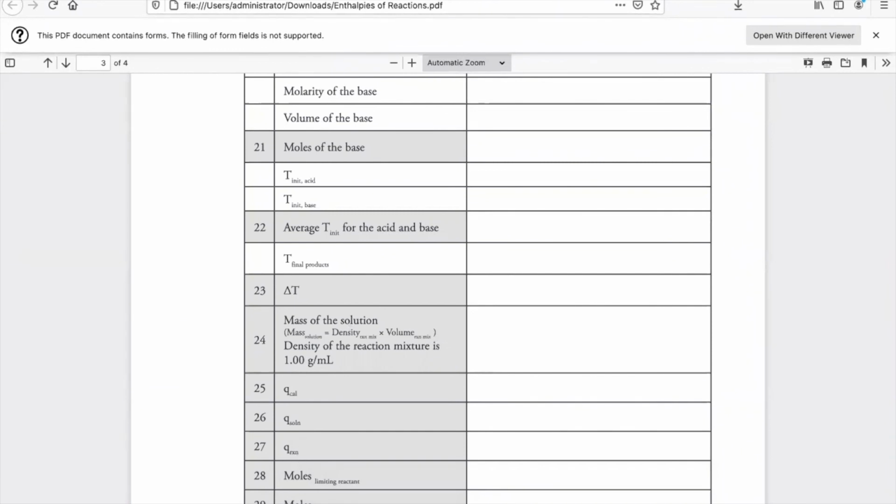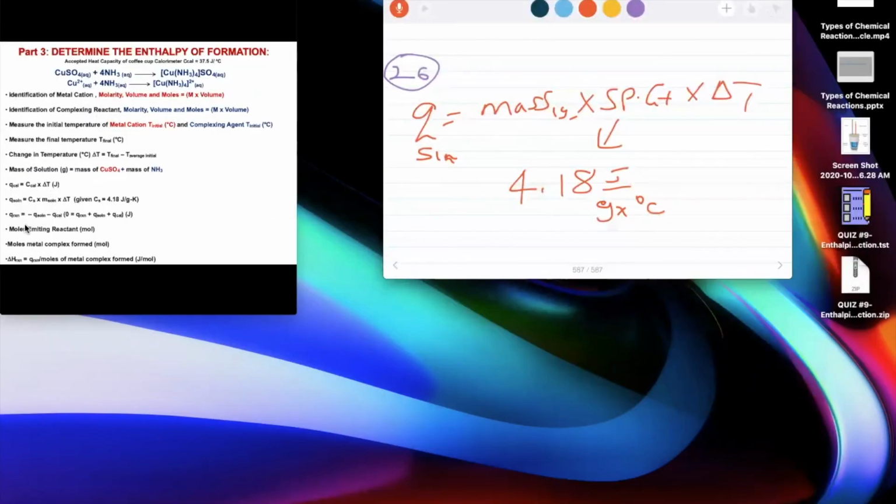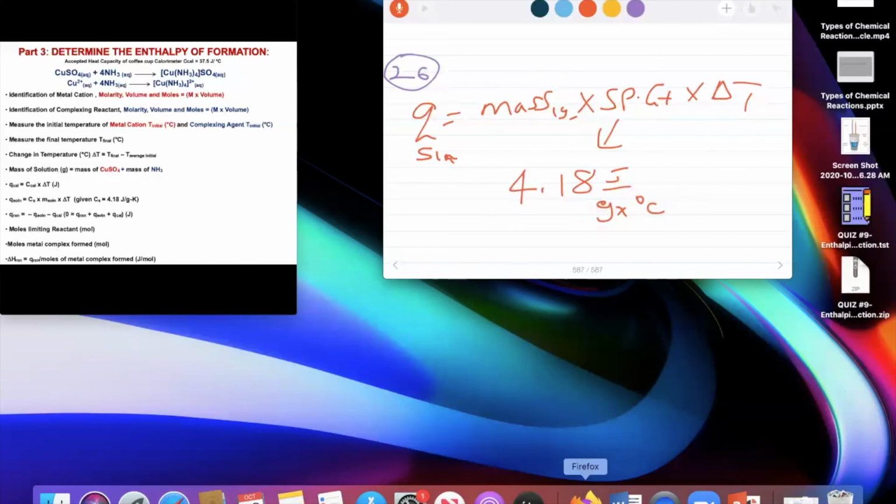And then for the reaction, you'll have to rearrange the equation. Negative Q for the solution, negative Q for the reaction, gives you the heat of reaction. And then, of course, the rest will be straightforward.